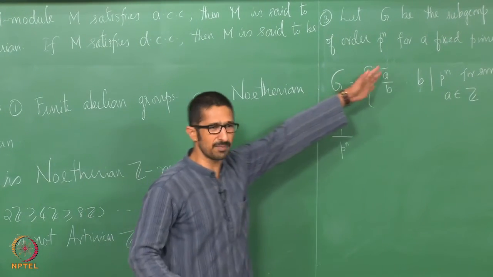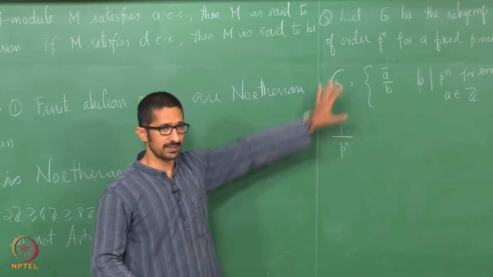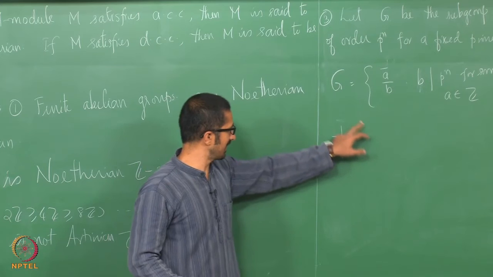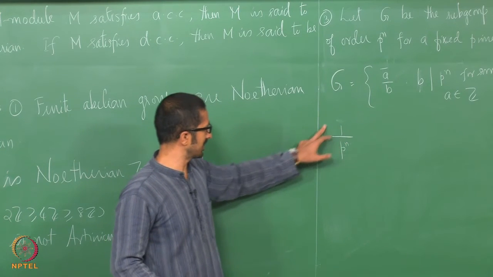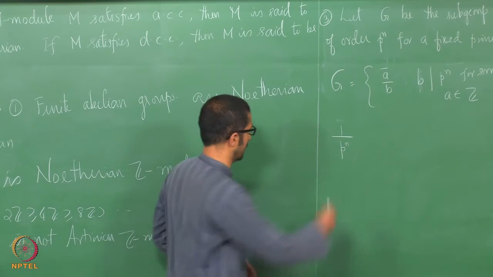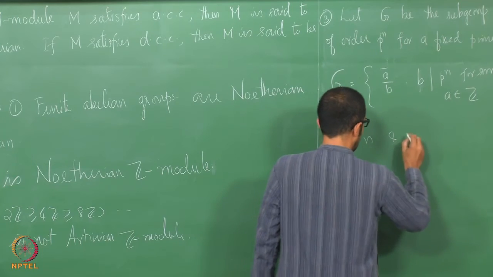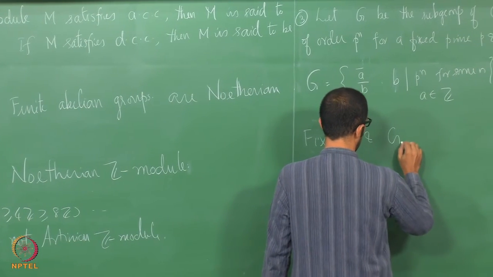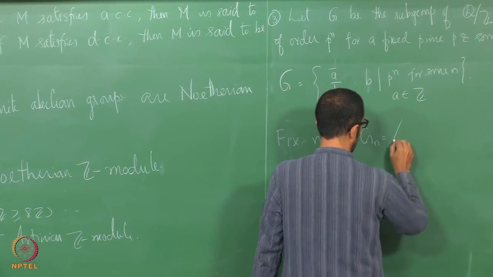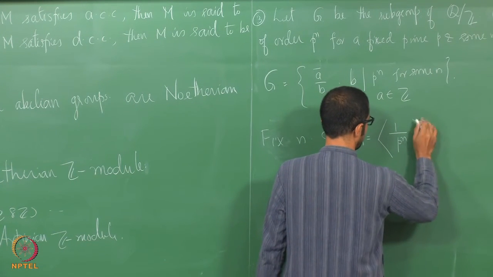I will remove the bar when I write 1 by p power n, I mean the corresponding equivalence class here. What is the submodule generated by this? I fix this n, and let G_n be the submodule or subgroup generated by 1 by p power n.